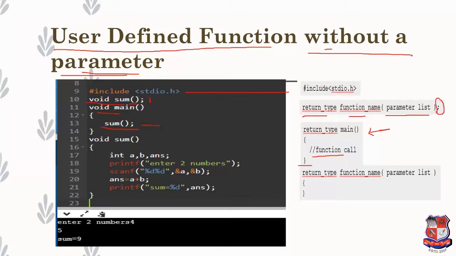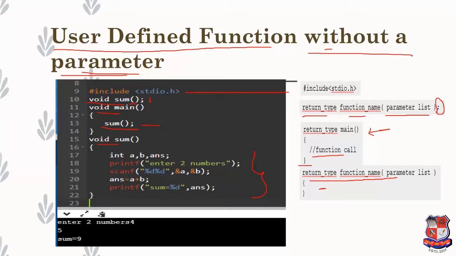Now in the right side you can see return type, function name, parameters list and the curly braces. That means now after the main I have to define the statements which are to be executed in my user defined function. So suppose I am taking here void sum, so I have defined void sum here with the statements which I need to get executed.